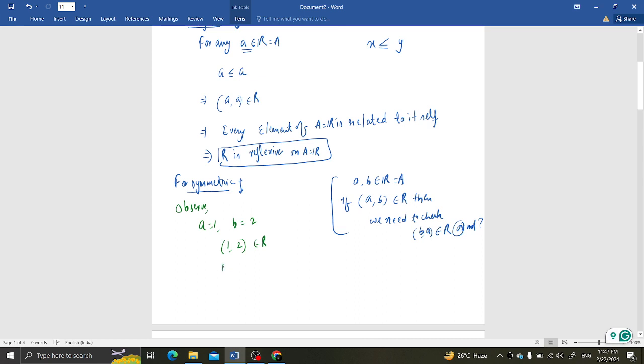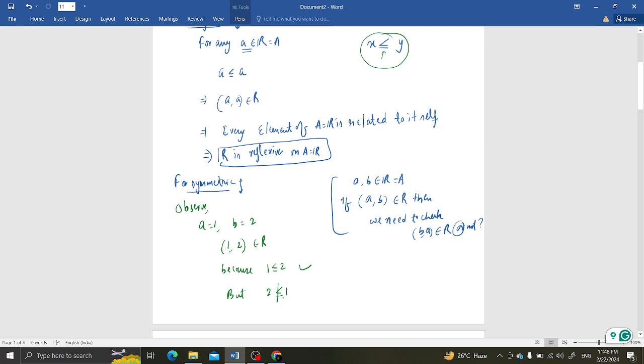Why? Because 1 is less than or equal to 2, because the strict inequality holds, so we can use this inequality. As I said, if one of the conditions holds, then we can use this complete inequality. So here 1 is strictly less than 2, so we can use this one. But the problem is that 2 is not less than or equal to 1, neither is it less nor equal.